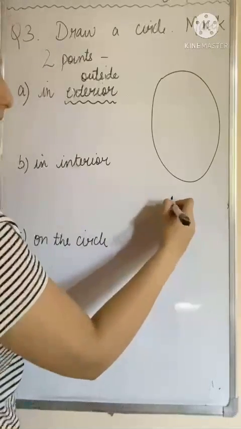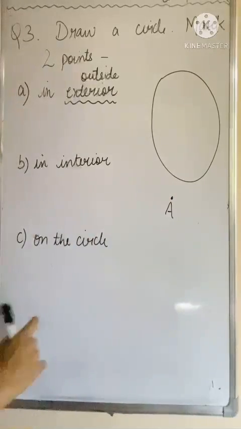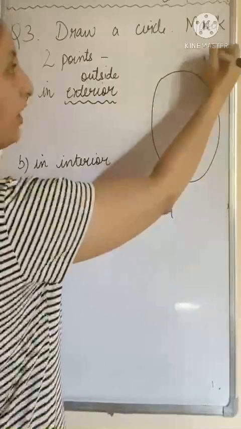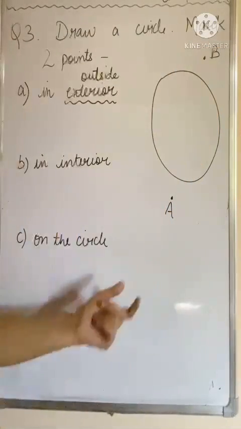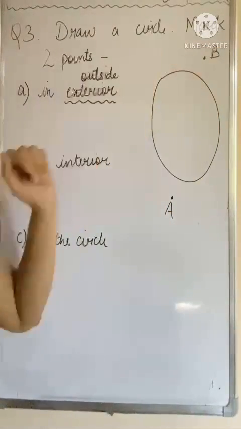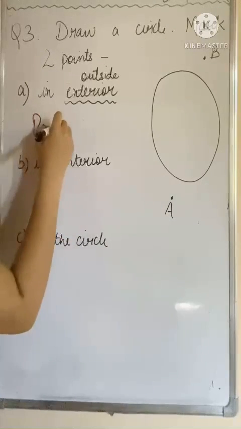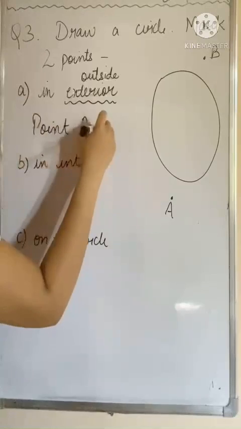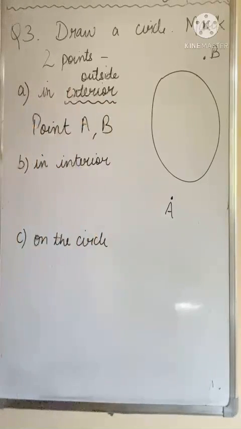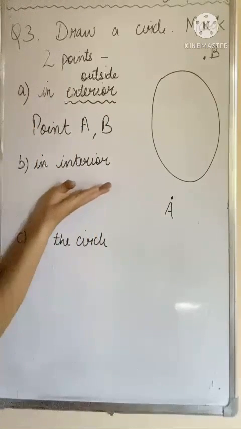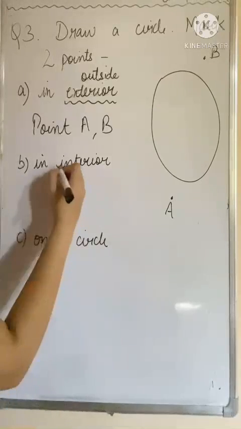Let's say I have taken point A over here and point B over here. As you can see, both A and B are outside of the circle. It means these points are called exterior points of the circle. So the answer of part A is points A and B. The next part is the interior. So what do you mean by interior?